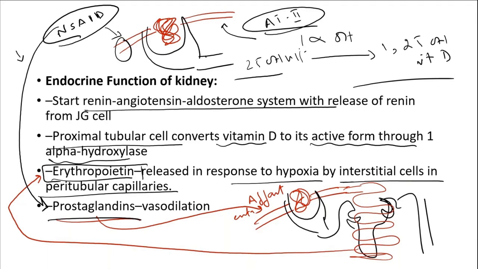So there is another hormone which can be produced in the kidney. It's called dopamine. It is secreted by proximal convoluted tubule, and it promotes natriuresis. It can excrete sodium. At low dose, it acts as vasodilator, but at high dose, it acts as vasoconstrictor.